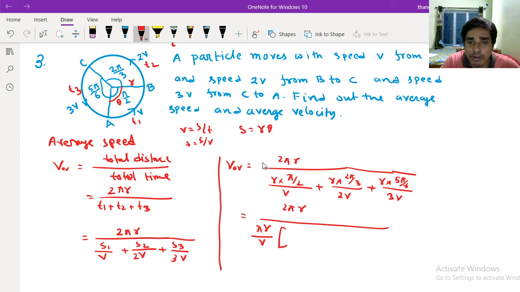So it will be half, this will be 1/3 because this 2 and 2 will cancel out, so it will be 1/3.